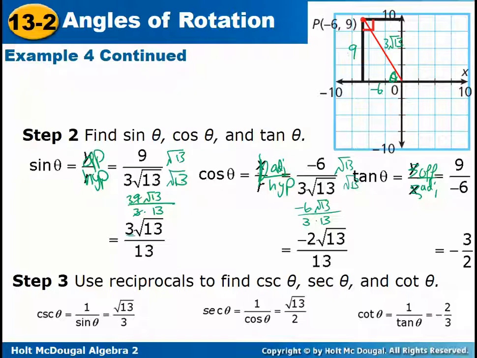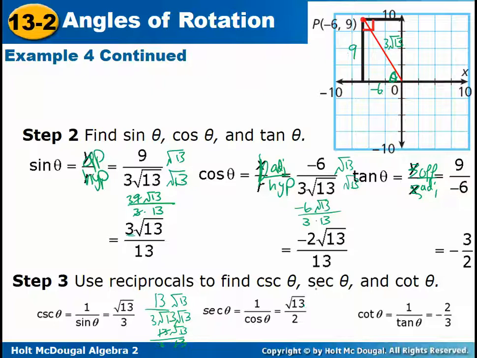Now it's even easier to find the reciprocals because you just flip these over. So the first one would be 13 over 3 square root of 13. And then again, we rationalize the denominator. So we would get 13 square root of 13 over 3 times 13, but the 13's cancel, so square root of 13 over 3.